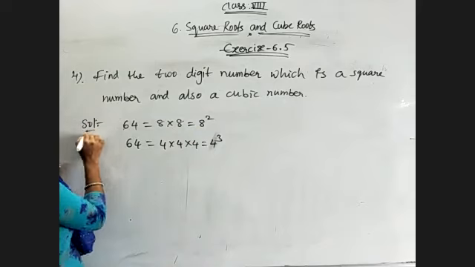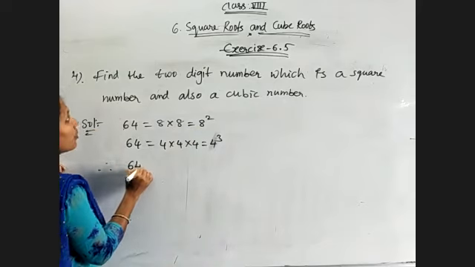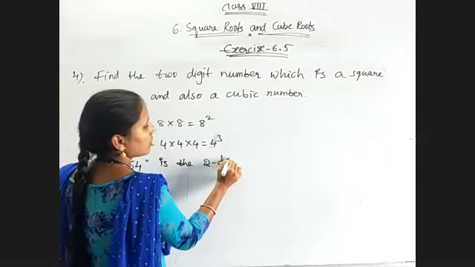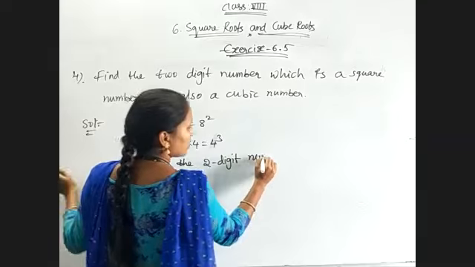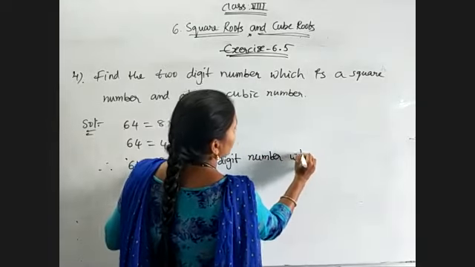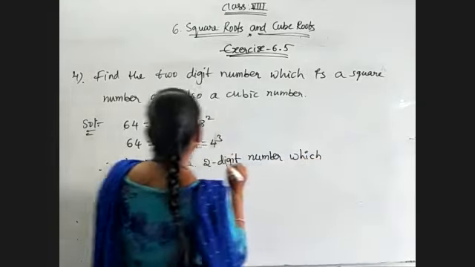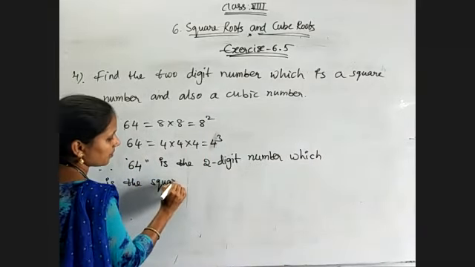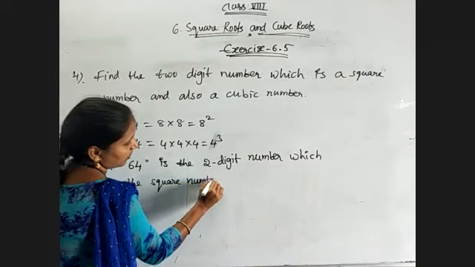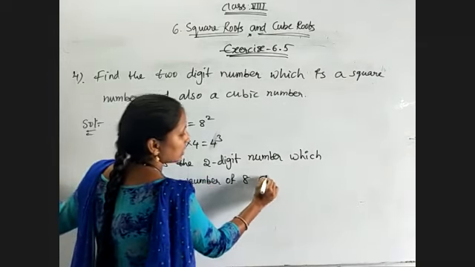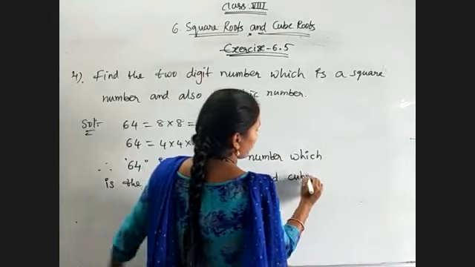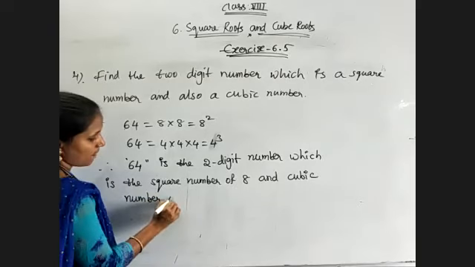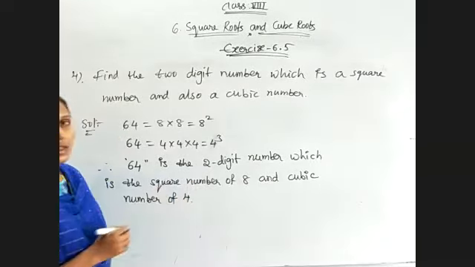Therefore, 64 is the two-digit number which is the square number of 8 and the cubic number of 4. That's all. Okay.